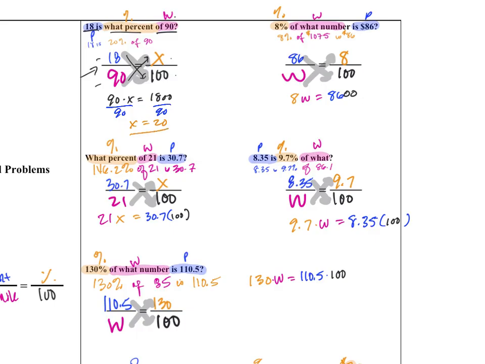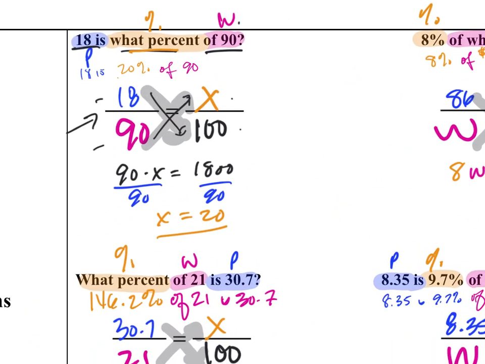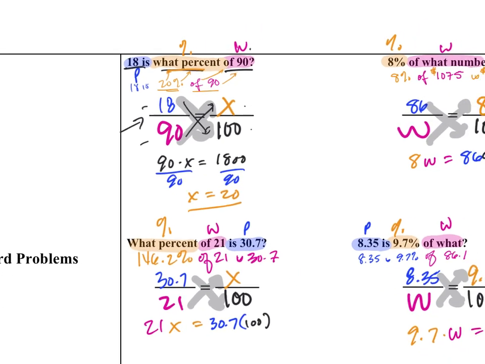Now what I have to do is go back and see what I was solving for, and I was trying to find the percent. So my answer would be 18 is 20% of 90. Notice nothing changes except that the percent sign goes on the number where the what was. And that's all we're trying to do, is figure out what that number is.